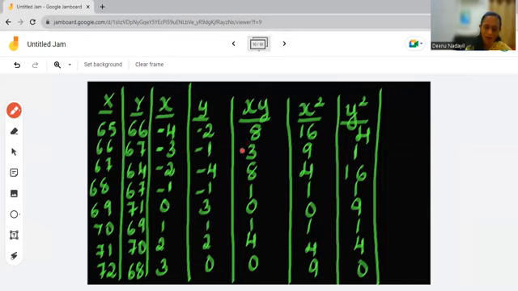Sigma xy means add all this and write here. That is your sigma xy. Add and see whether you are getting it as 44. I'm sorry, sigma xy is 25. Sigma xy is nothing but 25. Add all this.